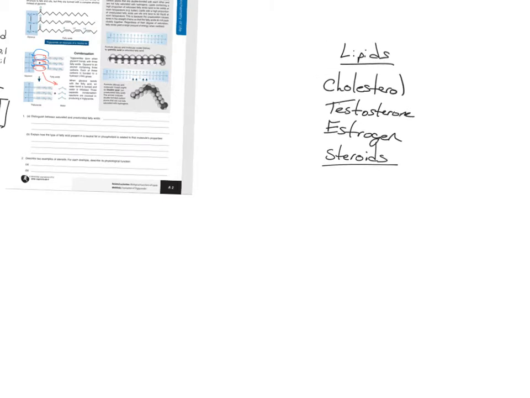To get a macromolecule, a polymer, you have to build them. Yes, so you build them. If you're building them, we call these anabolic. So anabolic steroids, what they do is they encourage what?